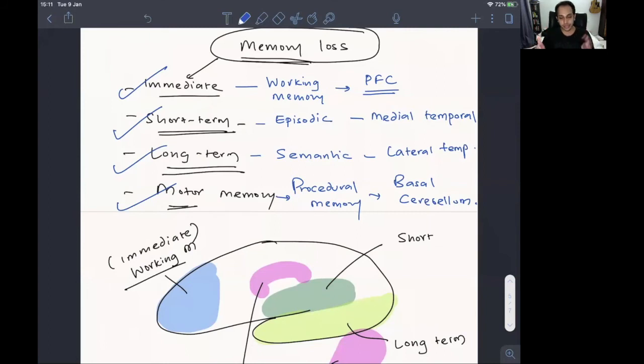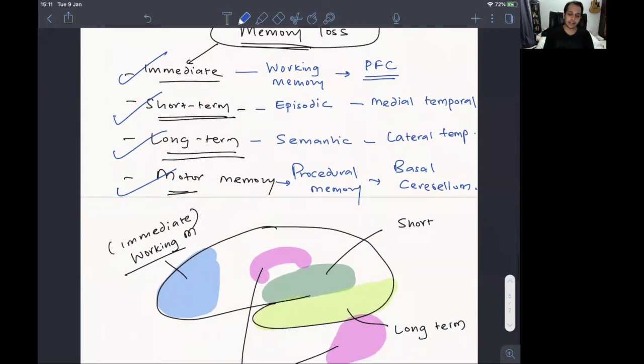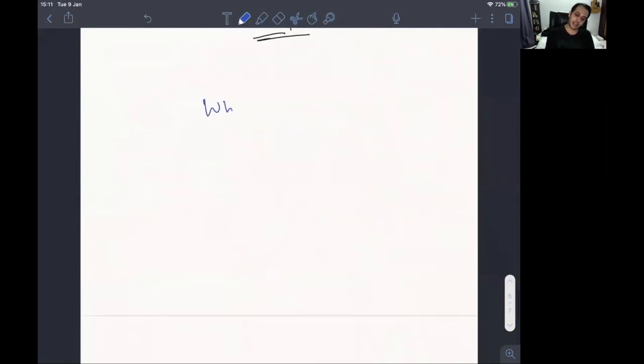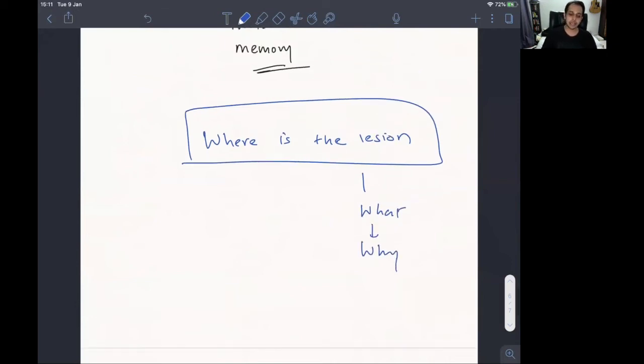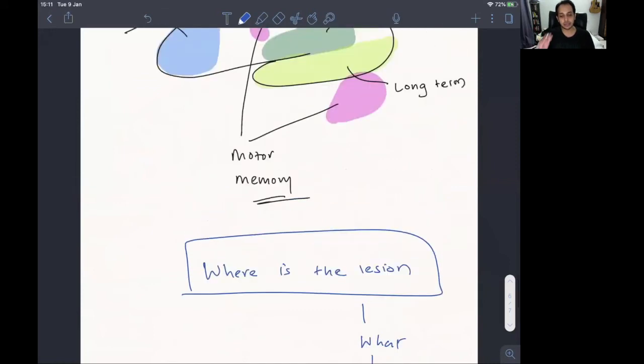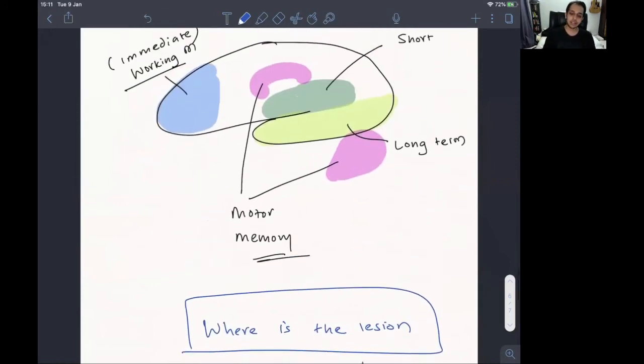So as soon as you get that, you already have some sort of idea which area is involved, because as you remember, where is the lesion is the most important question. Once you know where is the lesion, then you can get to what and the why. Okay, so this answers where is the lesion. So in a case of memory loss, this is how you approach where is the lesion.